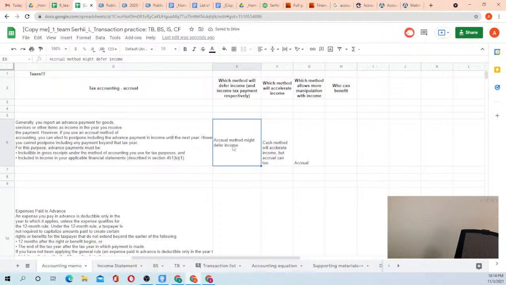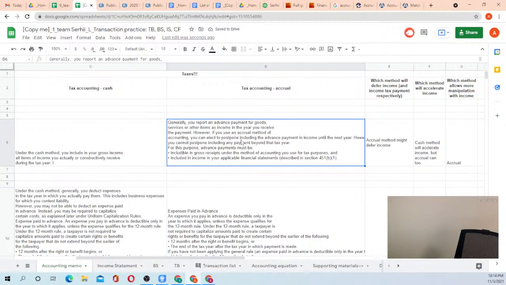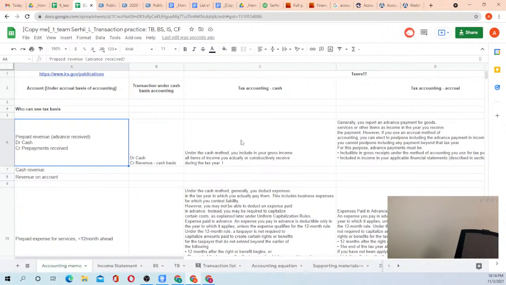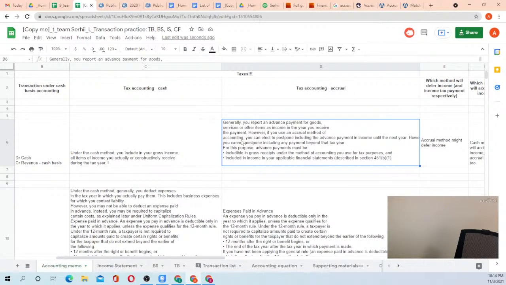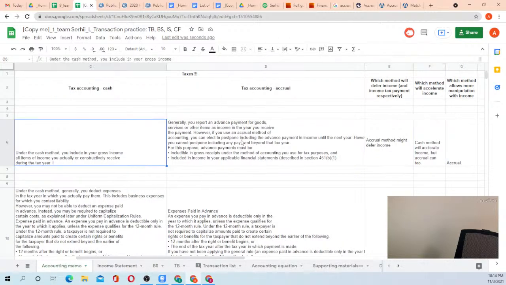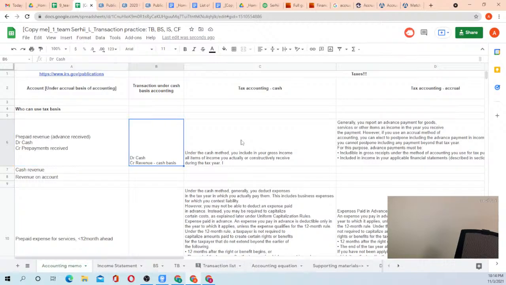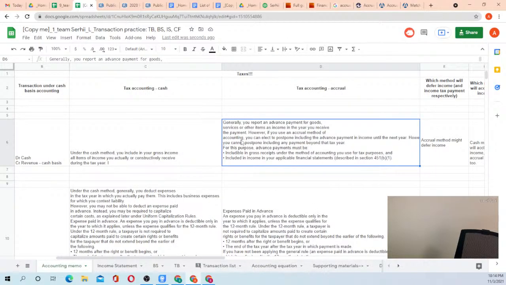So accrual in that situation, because if we received a revenue prepayment, if we usually receive prepaids from our customer, we can defer revenue using an accrual method of accounting and using accrual tax accounting.